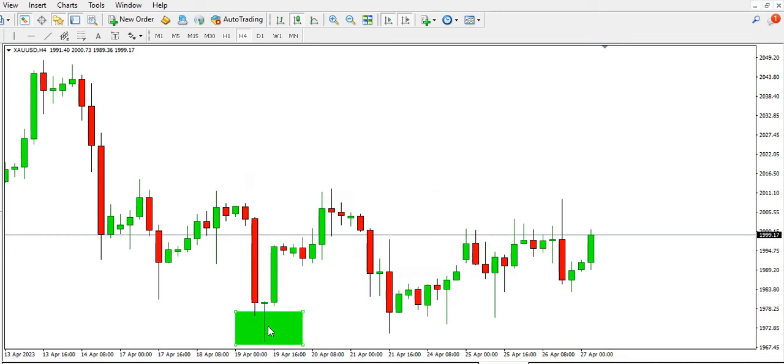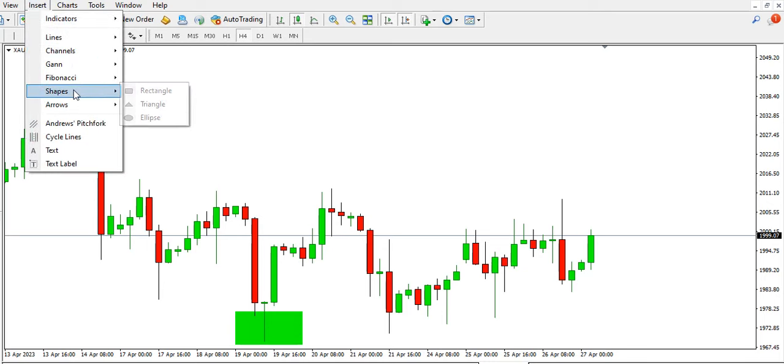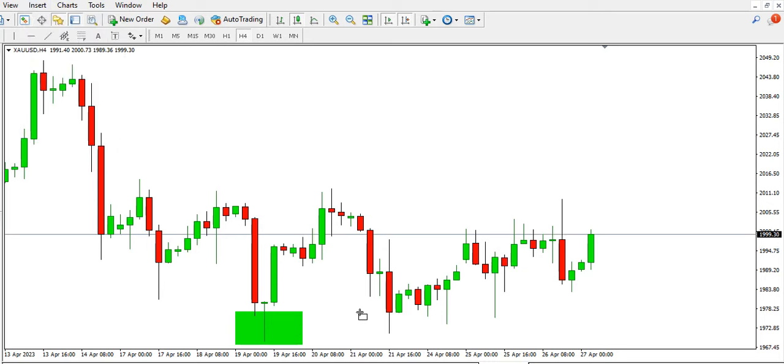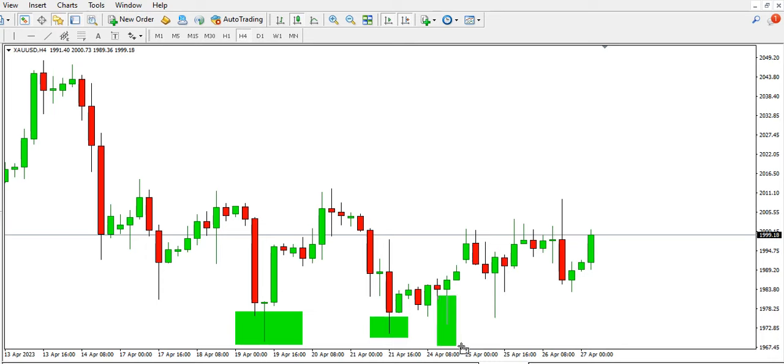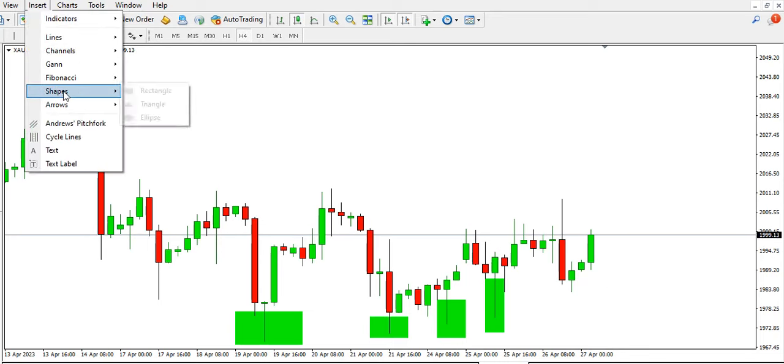This is one of the wicks showing that the buyers stepped in to push price up. This is another one. This is another one. This is another one.